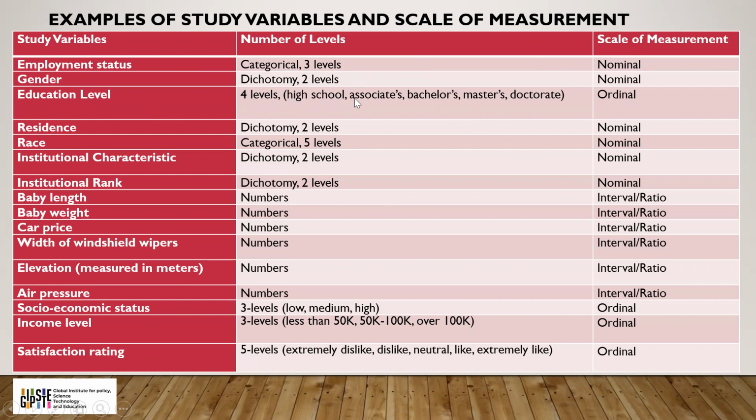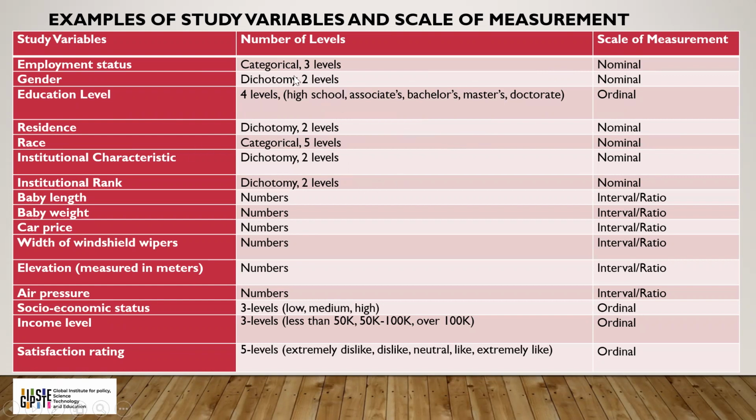We have high school, associate, bachelor's, master's, and doctorate. It's ordinal, it's ordered, it's ranked. We have the residence, which is also binary or dichotomous. So 2 levels, nominal, categorical. 5 levels for race, nominal.